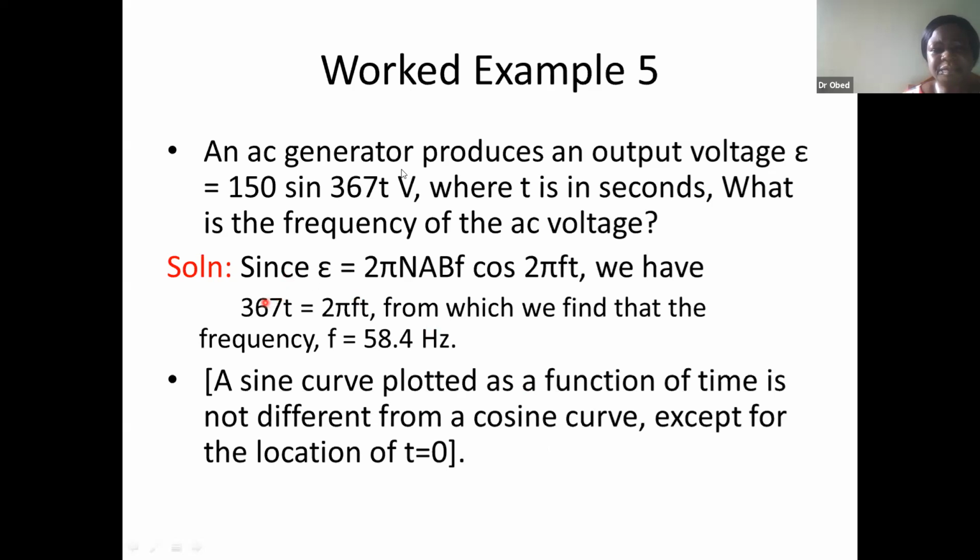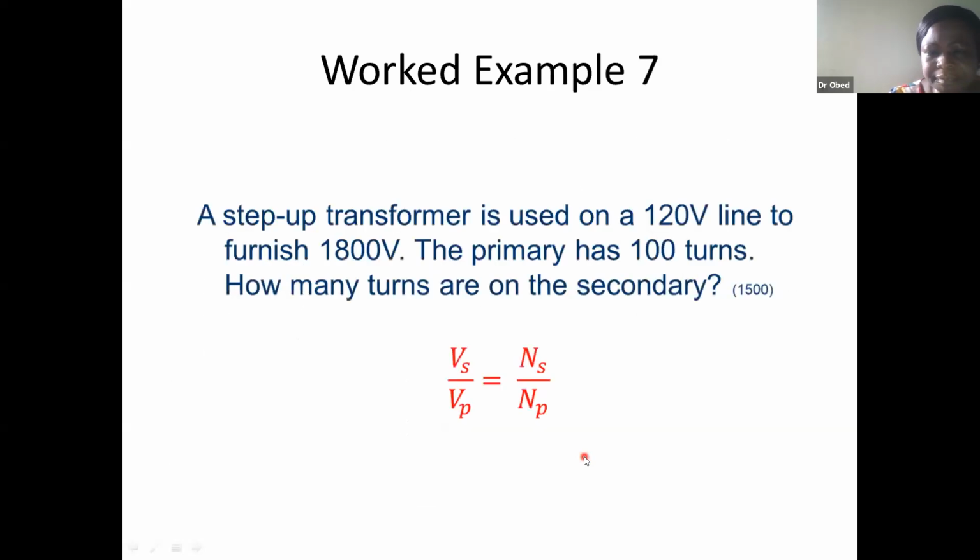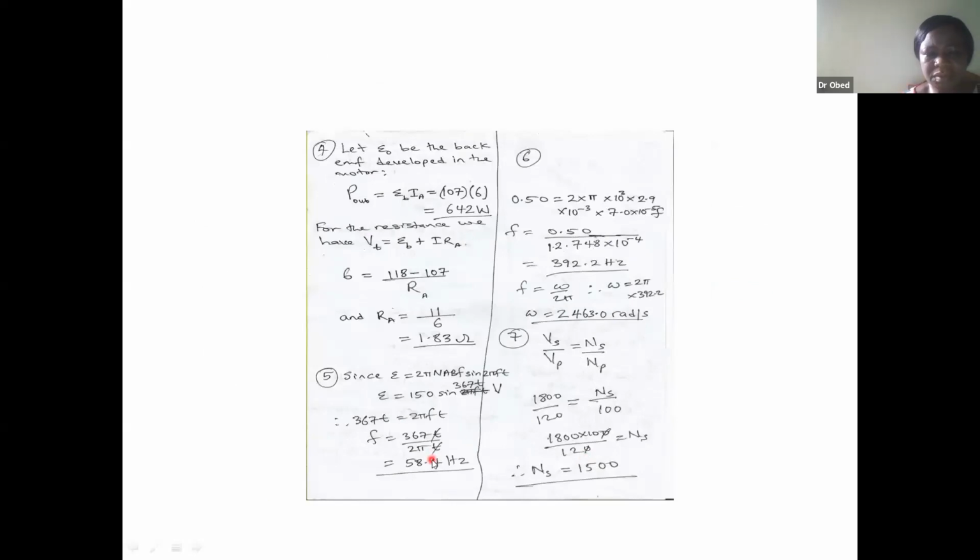So equating this to this, we find the frequency by making F the subject of the formula.